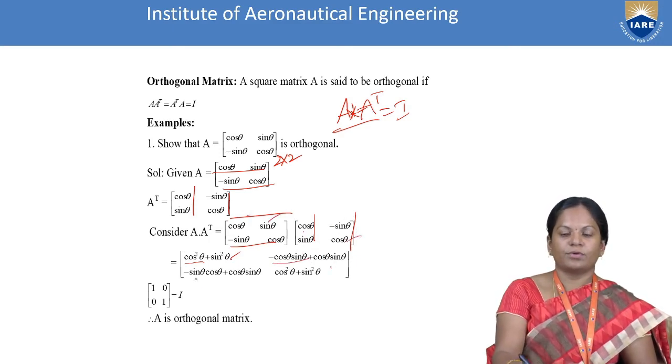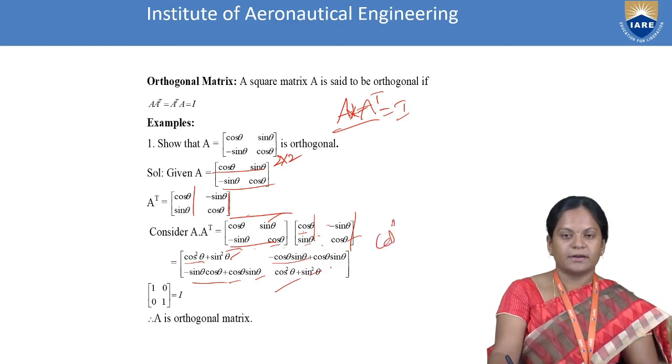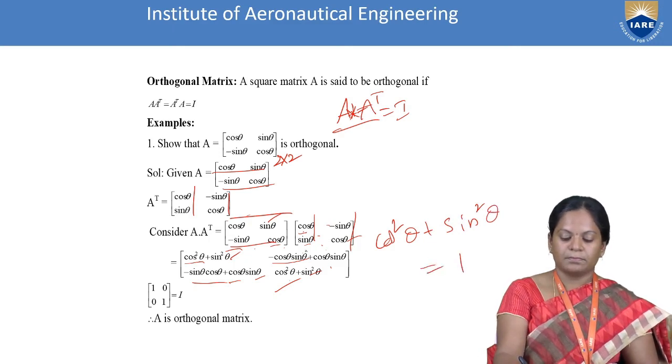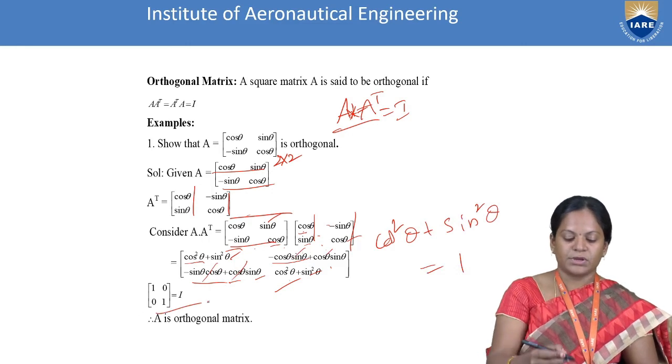And for the second row, first column: minus sin theta cos theta plus cos theta into sin theta. And the remaining: minus sin theta into minus sin theta gives sin square theta, cos theta into cos theta gives cos square theta. We already know cos square theta plus sin square theta is 1, the standard condition. And the plus term and minus term both cancel. We get 1 0 0 1.